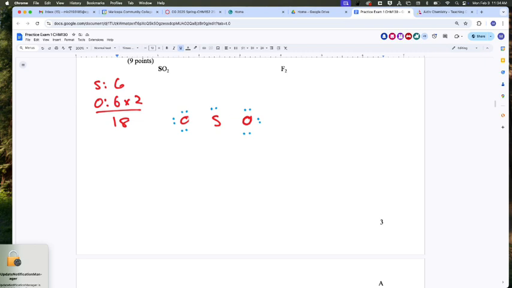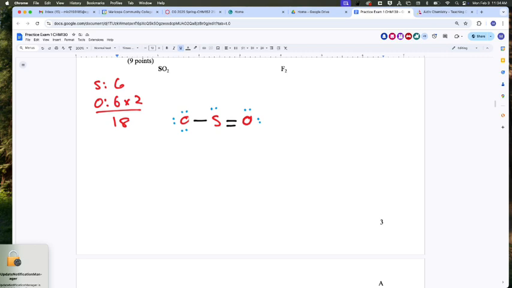Everywhere I have a pair of electrons between atoms, I can turn into a line to represent that bond. Am I done? No? What's wrong? Sulfur's missing its octet. So to satisfy its octet, what do I need to do? I need to move a pair of electrons from an oxygen to the space between sulfur and oxygen.